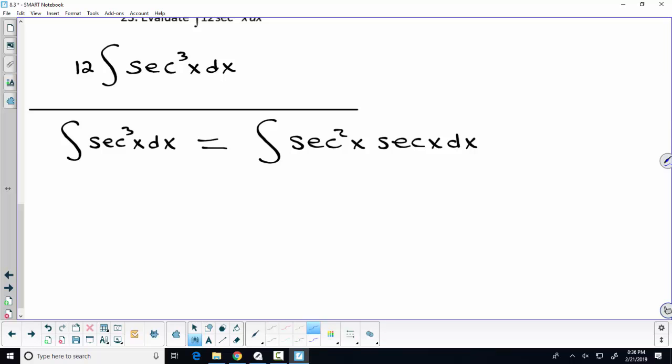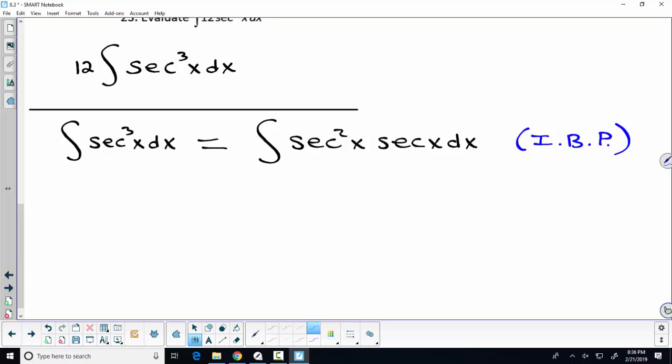And then we'll use integration by parts for this one. So this is kind of where the acronym fails, right? We have two trig functions.